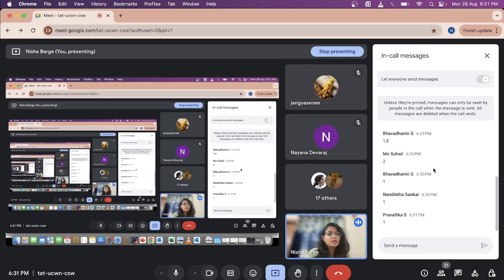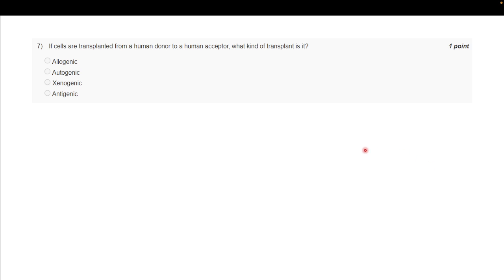Okay, most of you are answering option 1. I'm assuming it's for this question and I didn't miss the previous question. Yeah, I'll discuss. All of you are correct. The correct answer is allogenic.